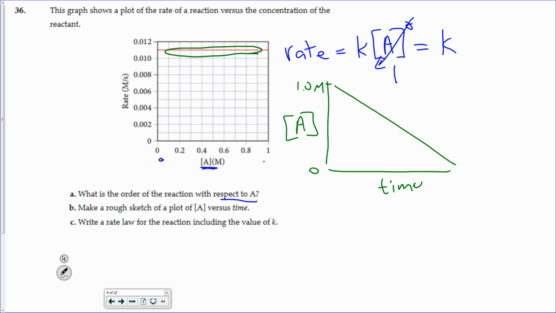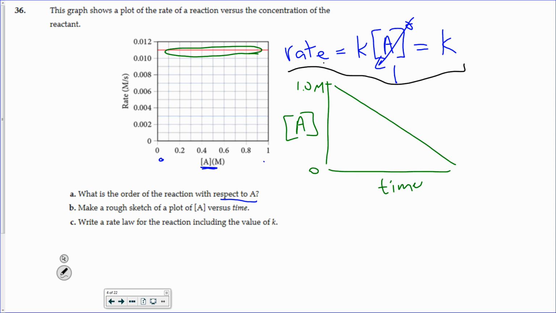All right, C says write the rate law, including the value for K. So that one's where we're going to have to look at the graph and get some information. This is the rate law expression that we have. The rate, we said, since it was A to the 0 power, is just equal to K, but we don't have the value for K given to us.